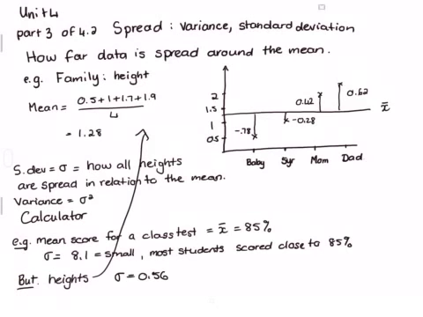Now if you compare that to the mean, then it counts as large, which means the family's heights are spread widely around. And that's clear if you think of a family. Surely the dad is much taller and the baby is very small. So the data is not clustering close to the mean.